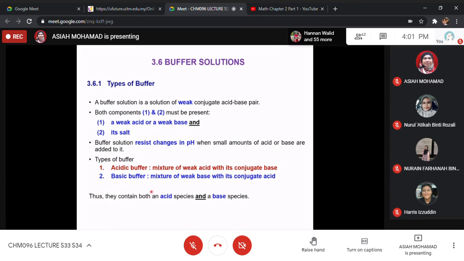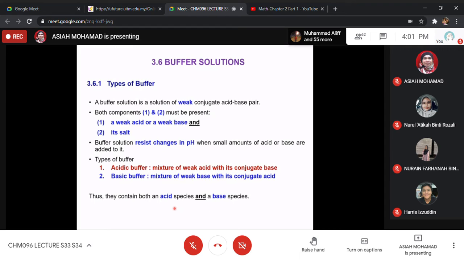A basic buffer is a mixture of a weak base with its conjugate acid. An example is a mixture of ammonia and ammonium, which is from ammonium chloride.